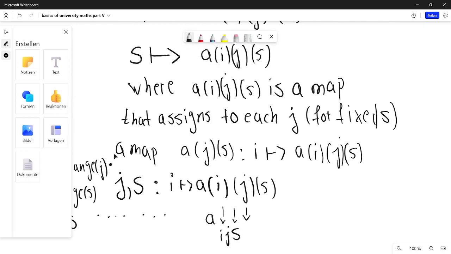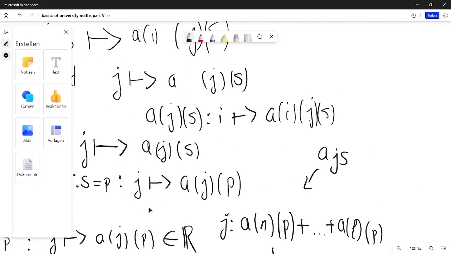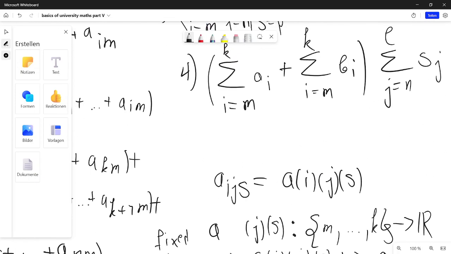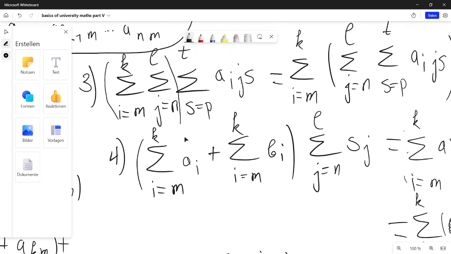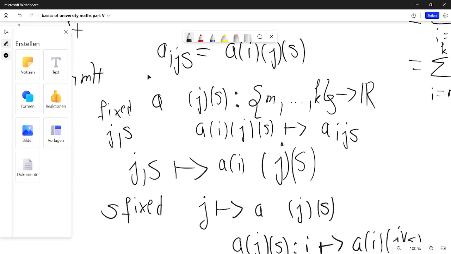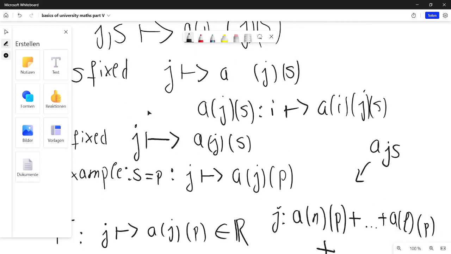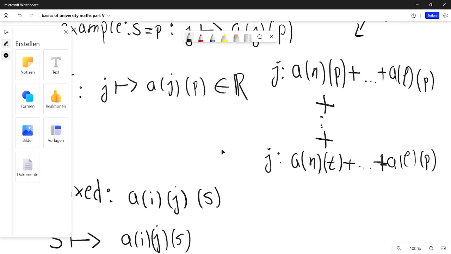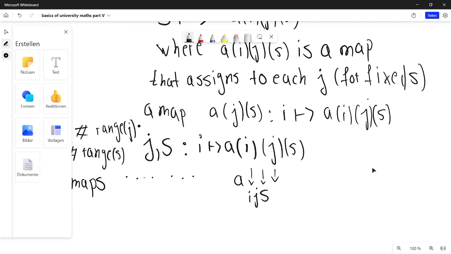So you see those double, triple, or quadruple sums are just functions that are iterated. There is an assignment of function to index, and there is an assignment to index of a function that assigns to indices functions. As I told you, you don't need to understand it now, but it might be important that you see this flavor. Do you see this flavor?